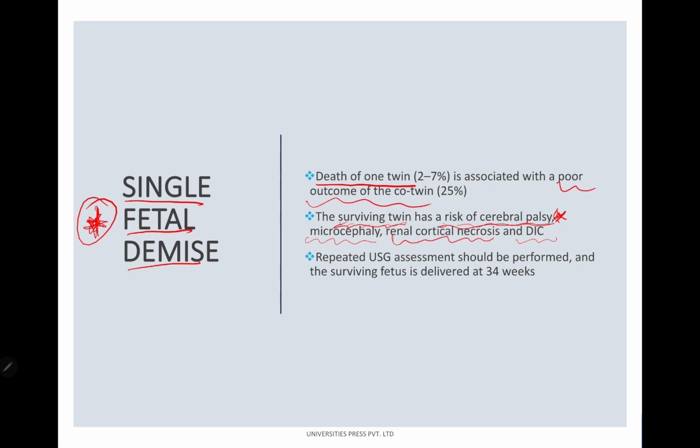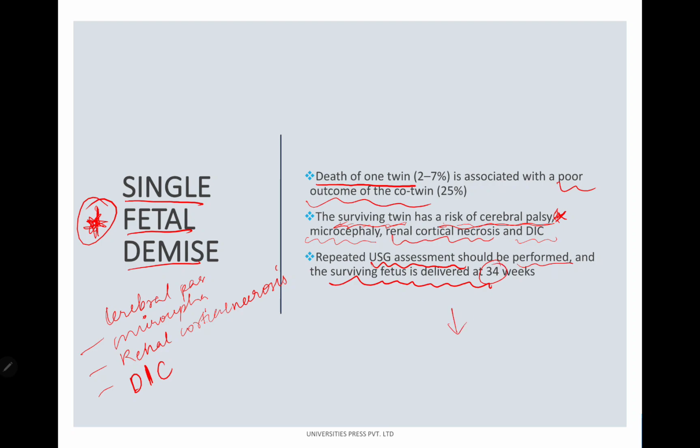So these are the 4 risks the surviving twin will undergo. A repeated ultrasound assessment should be performed and the surviving fetus is delivered at 34 weeks. So at 34 weeks, this surviving fetus will be delivered.